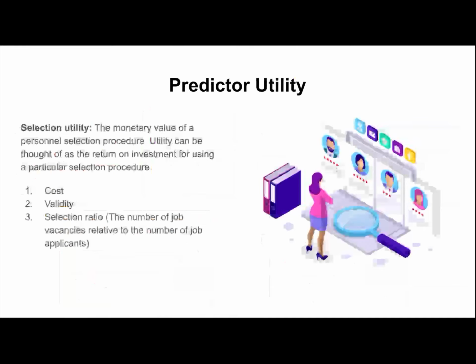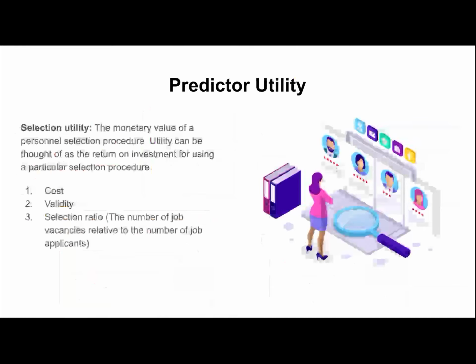The third thing to consider is the selection ratio, which is the number of job vacancies relative to the number of job applicants. If I have 2 openings and 3 applicants, it's probably not worth spending $1 million deciding which 2 of the 3 to hire.